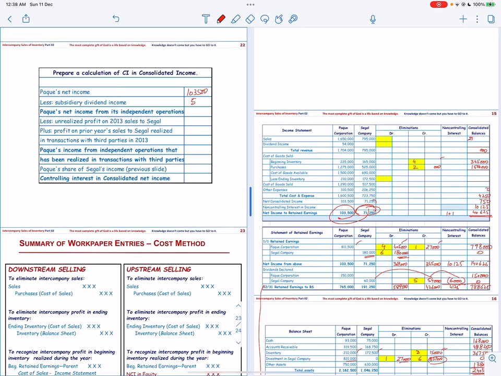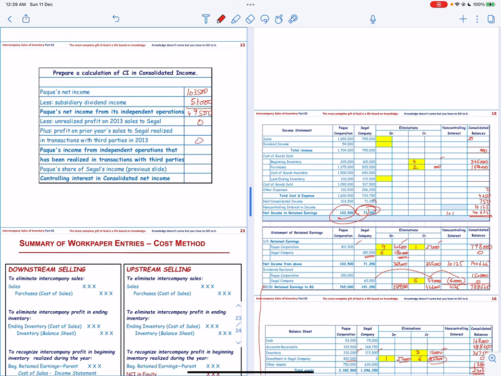Sorry, subsidiary dividend is 54,000. P's net income from independent operations, we subtract, so that is going to be 49,500, and we are going to subtract unrealized profit on 2013 sales to Segal, that was 0, plus the profit on prior year sales to Segal realized in transactions with the third parties, again this is 0.